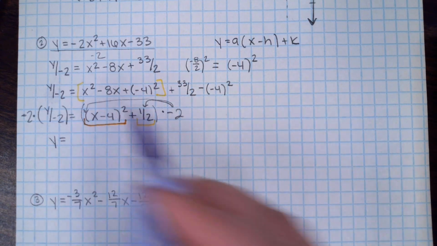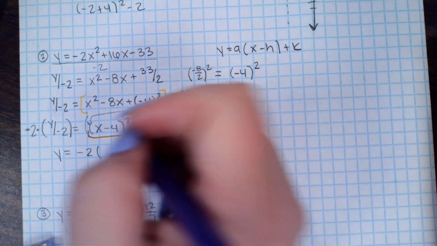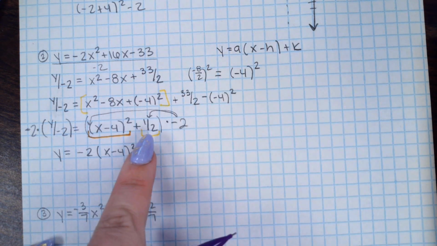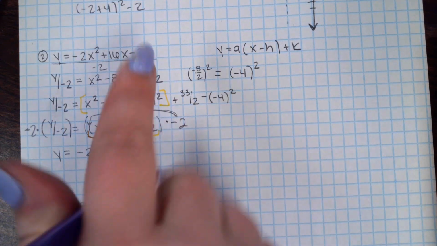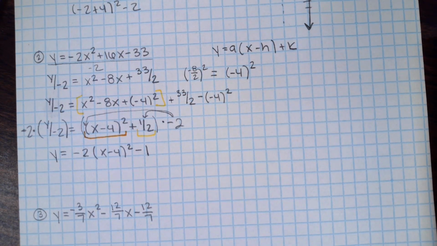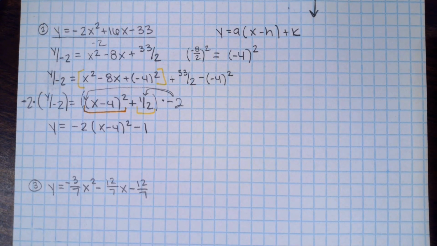Instead of multiplying that negative 2 in, we're just going to leave it out front because that's our a value. So negative 2 times x minus 4 squared, and then we have a half times negative 2 gives us negative 1. So now we're in vertex form, and we could graph like yesterday. But like I said, I think you got enough practice on that one.